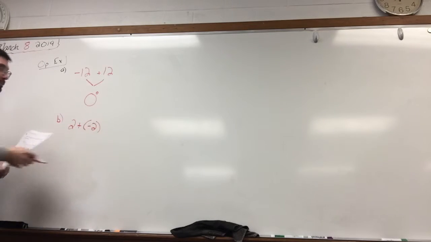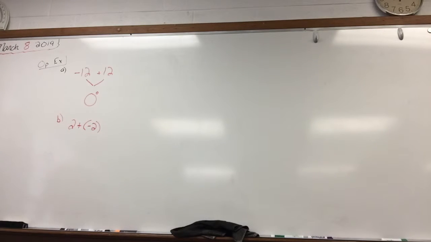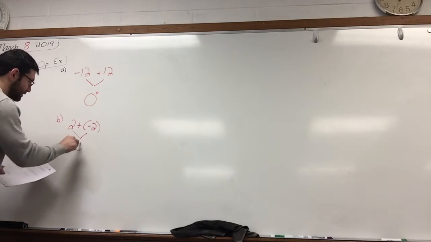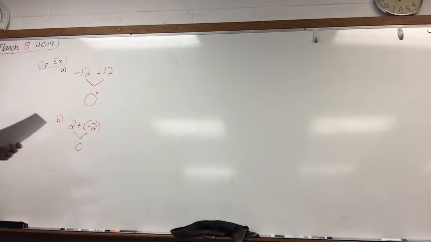Whoa, wait a minute. Now we're back over at that anchor chart. That looks really similar to what property? The additive inverse. So when we have a number and its opposite, it will always give me 0.